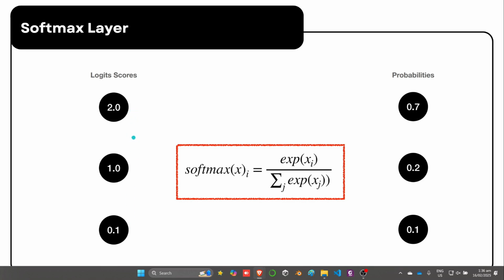We can apply the softmax function here, which would be e to the 2 divided by the sum of e to the 2, e to the 1, and e to the 0.1. And in the end, that will give us the probabilities corresponding to each class.